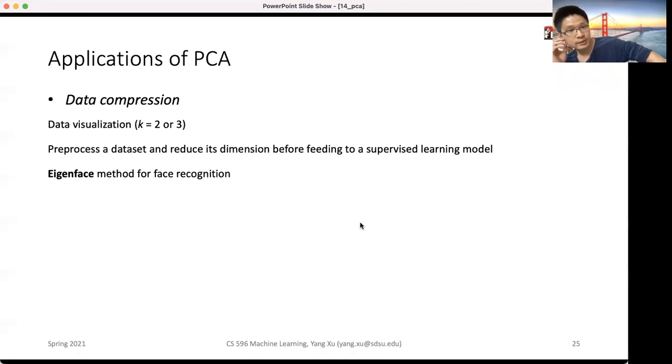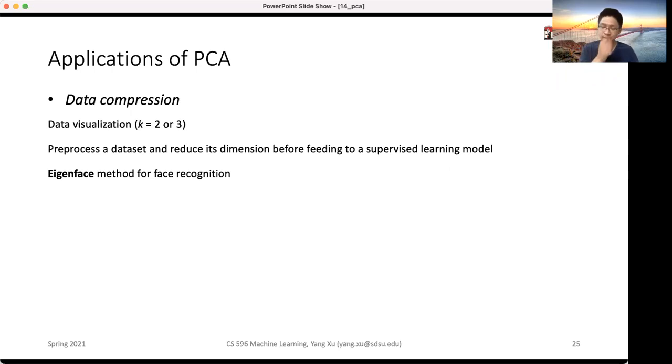So a second application is data compression. Because we basically applied projection of the data from a higher dimension to a lower dimensional space, which basically means we reduced a lot of dimensions, and then we saved storage space.